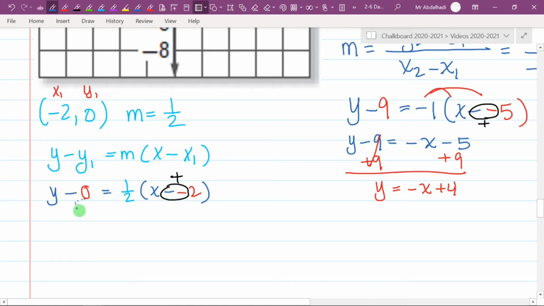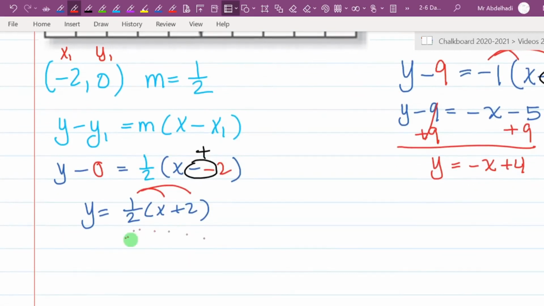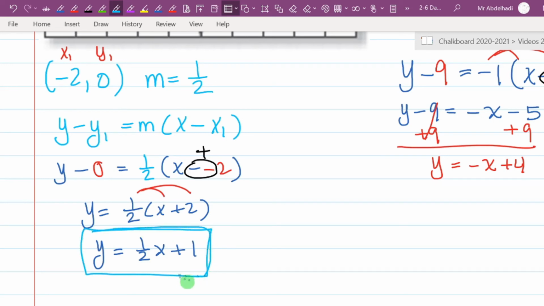And this is y minus 0, so it's just y. And now we have y equals 1/2 of x plus 2. Just simplify that. Now we have to distribute that 1/2. Luckily for us, this is going to be easy. 1/2 times x is just 1/2 x, and 1/2 times 2 is just 1. Okay, and that is our turquoise. I'm just going to box it with a turquoise box here. Our turquoise function, our third function. So 1/2 x plus 1.